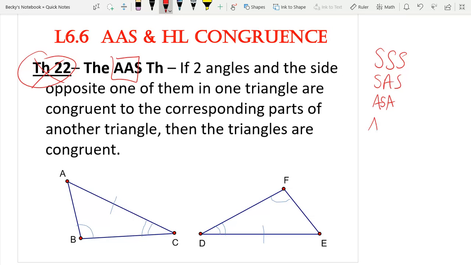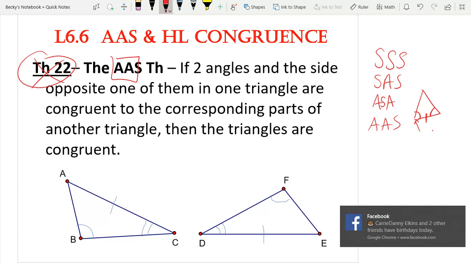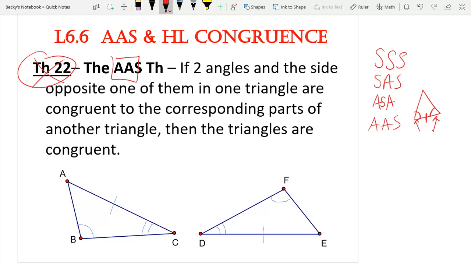Okay, now AAS, as you guys can probably guess, stands for angle, angle, and then the side. So it's all about the placement. When we had angle, side, angle, we had angle and the side and then the angle. And so I always tell kids, like, put a finger here, and you can see your side is directly in between. And that's how you can tell it's angle, side, angle. Now today, if you put a finger on this angle and you put a finger on this angle, you'll notice the side is no longer in between.